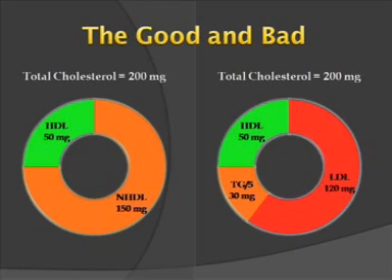Let us go to the right hand side. Same diagram, the atherogenic component, the NHDL or non-HDL, is broken down again into two components: the LDL or low density lipoprotein, the highly atherogenic molecule, 120 milligrams, and the 30 milligrams of VLDL. The surrogate for VLDL is triglyceride; 1/5 of the triglyceride is VLDL. So, if the VLDL is 30, the triglyceride will be 150.